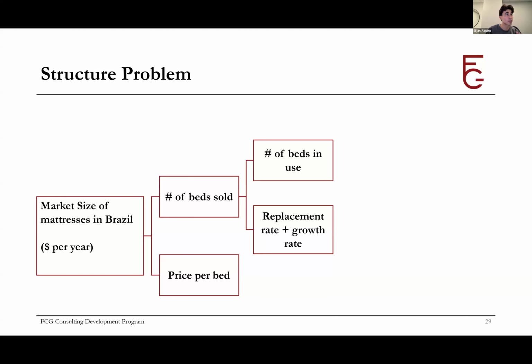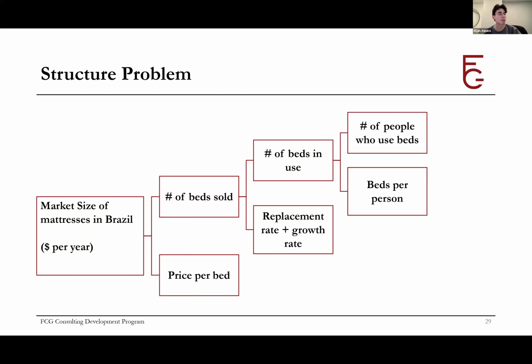To figure out the number of beds in use in Brazil, we need the number of people who actually use a bed, because Devasa brought up a really good point. Some people are homeless, some people don't have beds, so we also have to be aware of that. And then we multiply that by the number of beds per person. That will give us the number of beds in use.